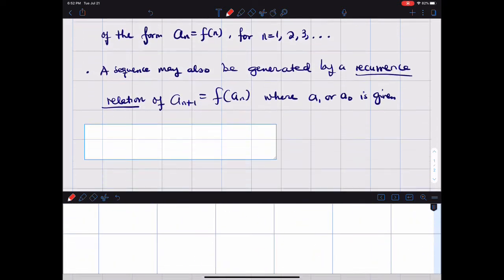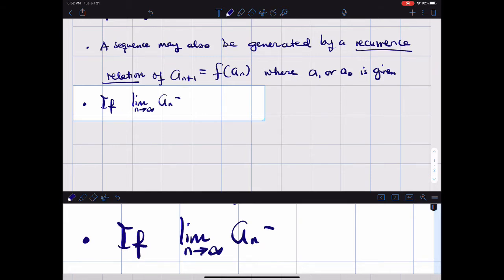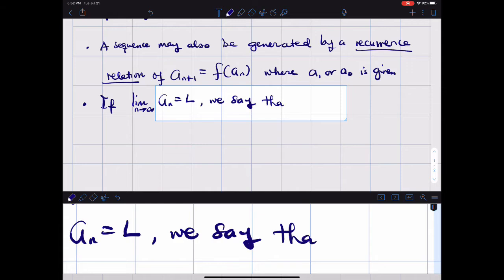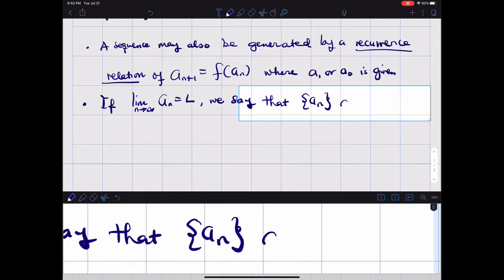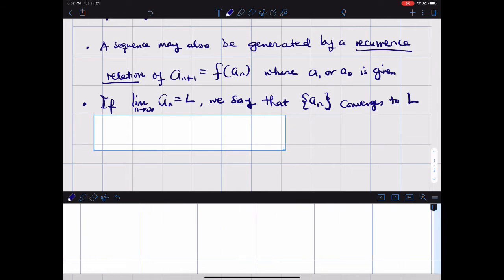Now we can compute limits. We already did. If the limit as n goes to infinity of An is equal to L, we say that the sequence An converges to L, right?